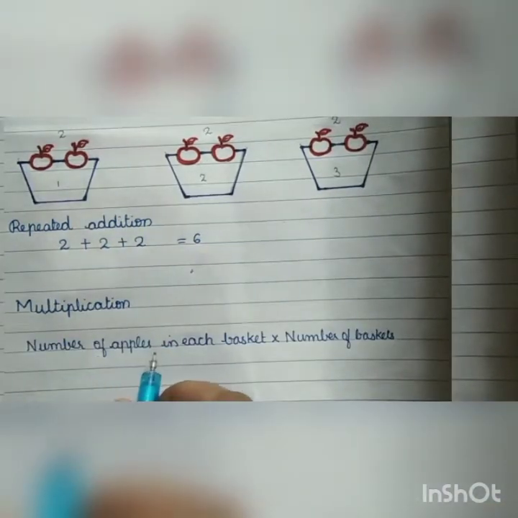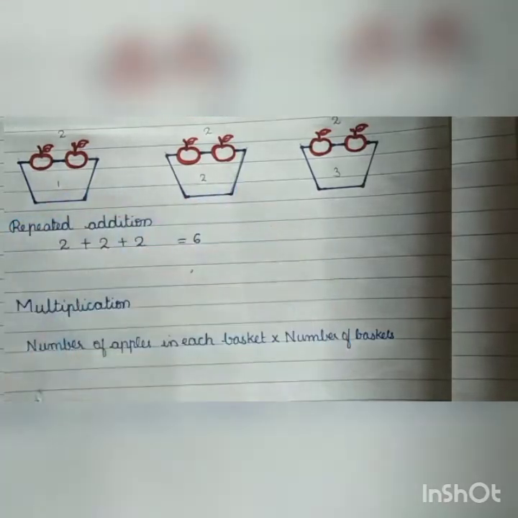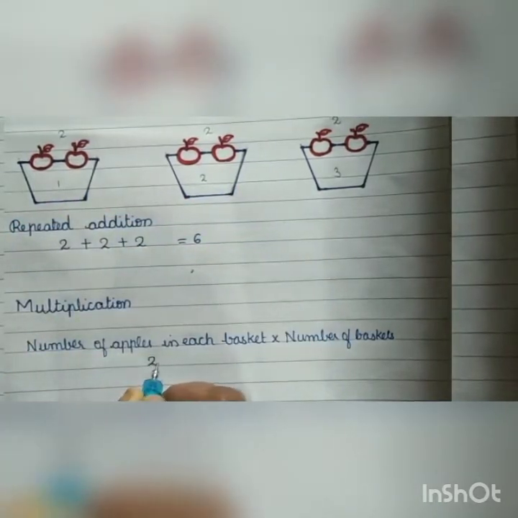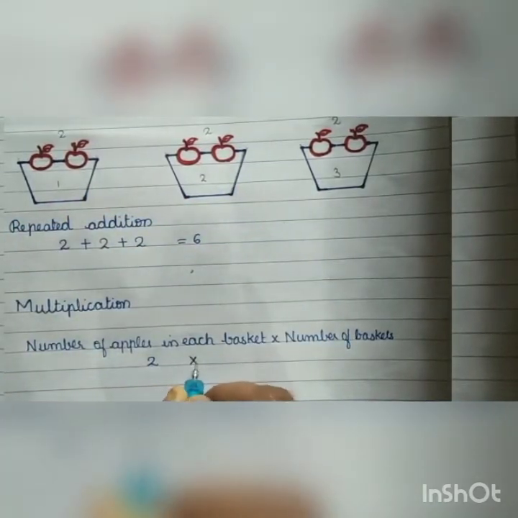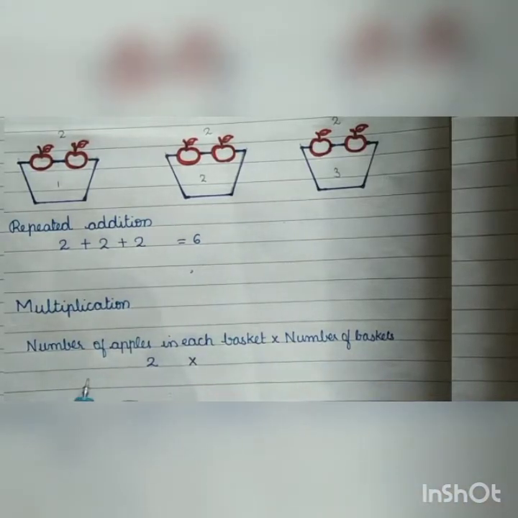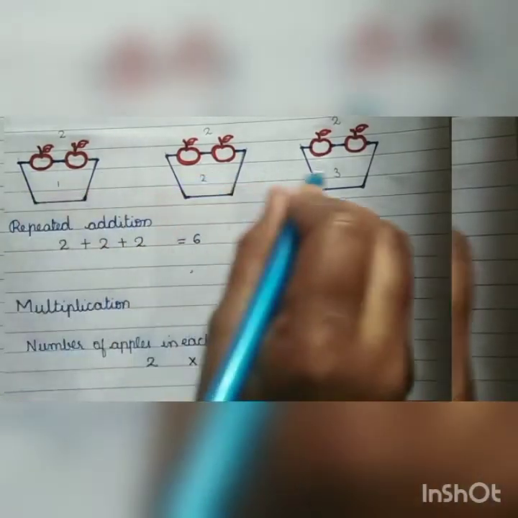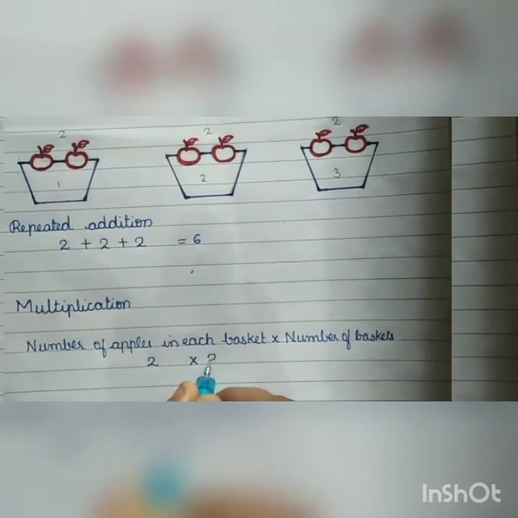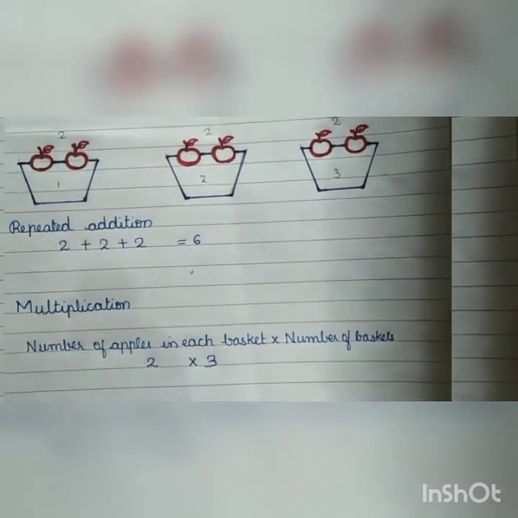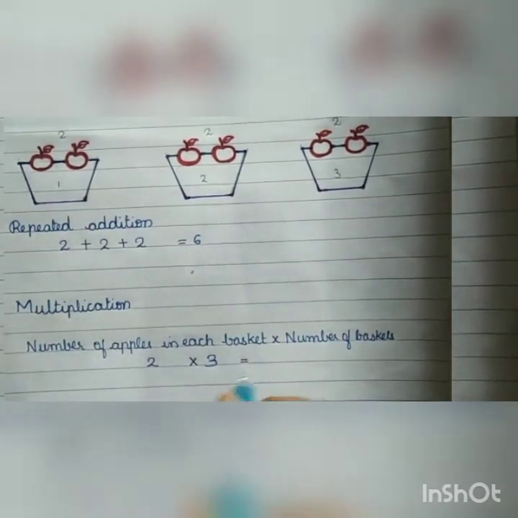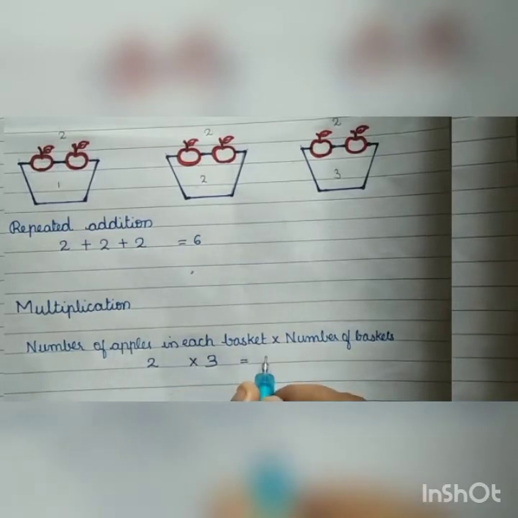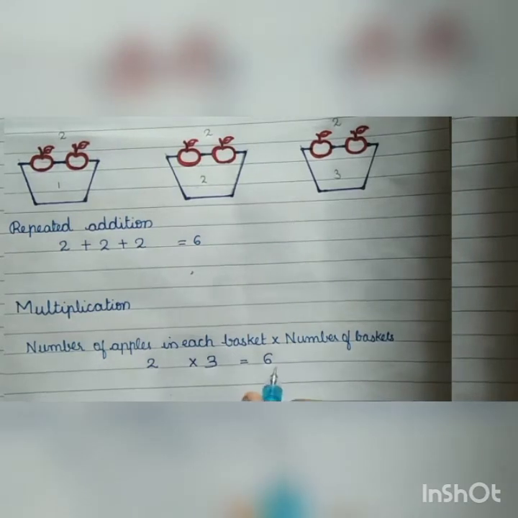So here the number of apples in each basket equal to, yes, 2, into the number of baskets. Number of baskets equal to how many? Yes, 3. So 2 into 3 equal to, yes, 2 threes are 6. So total number of apples equal to 6.